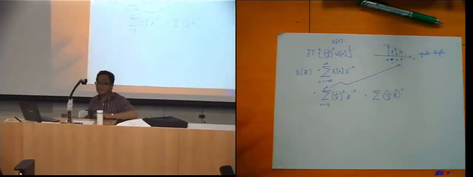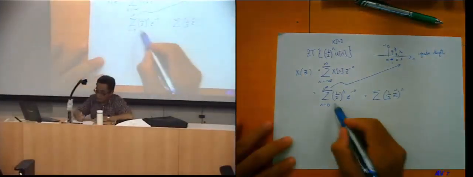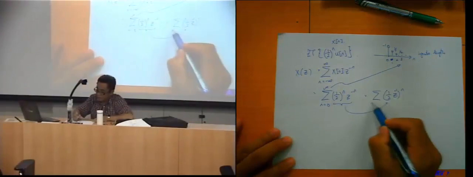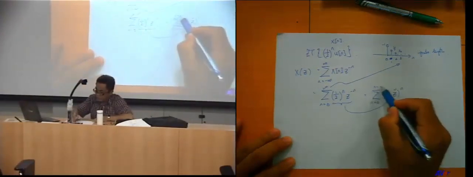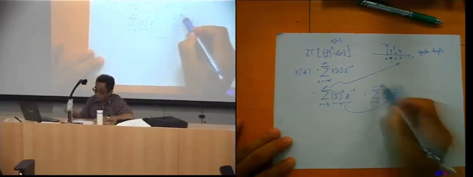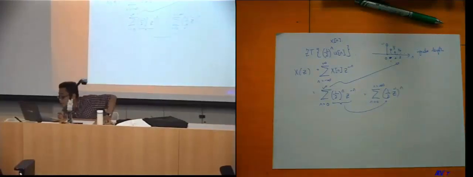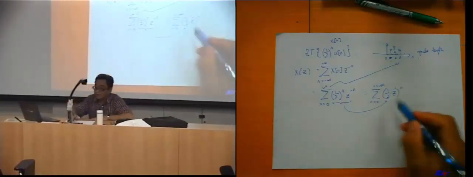This is the crucial step. We bring these two together and we write it in this form. Again, half z minus 1.